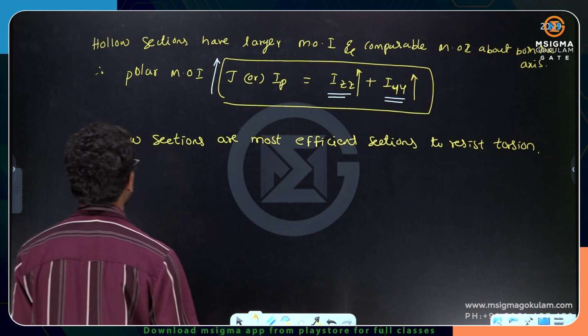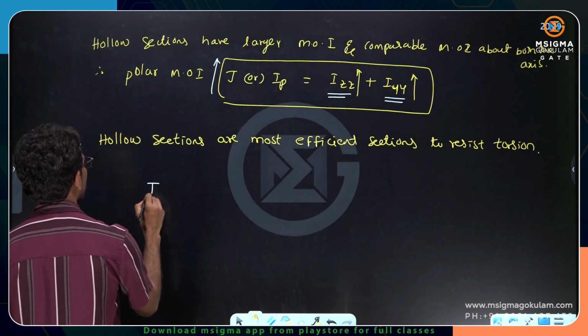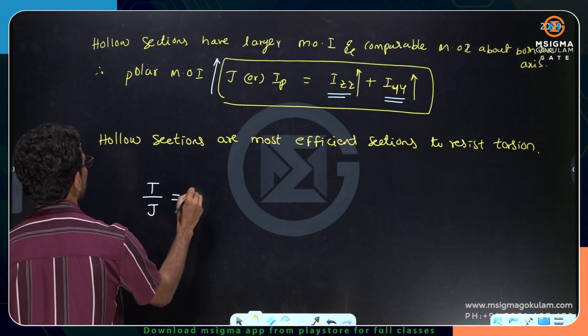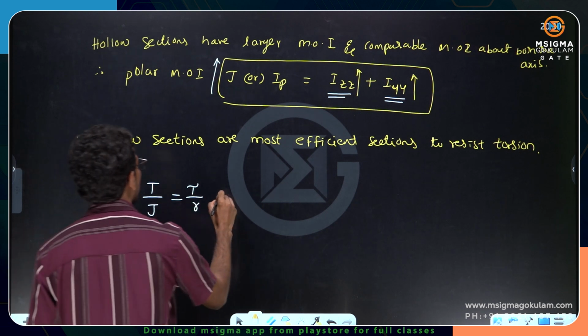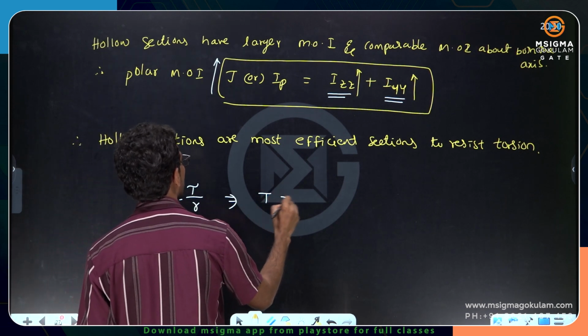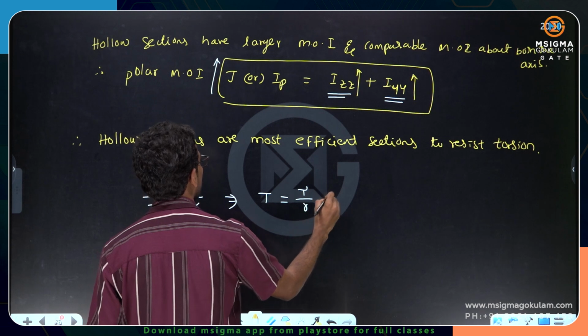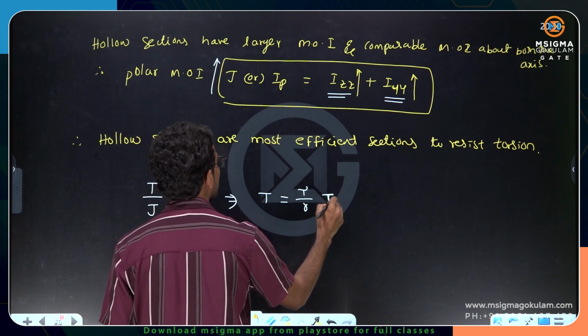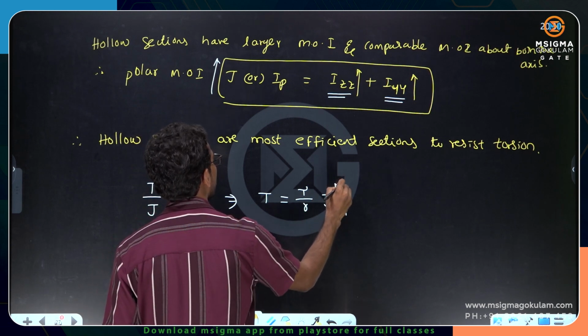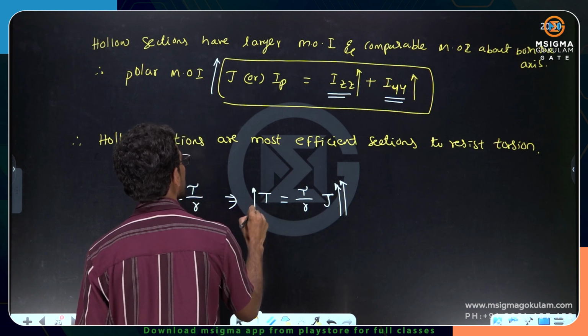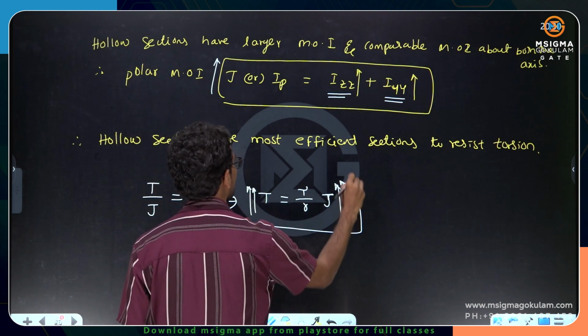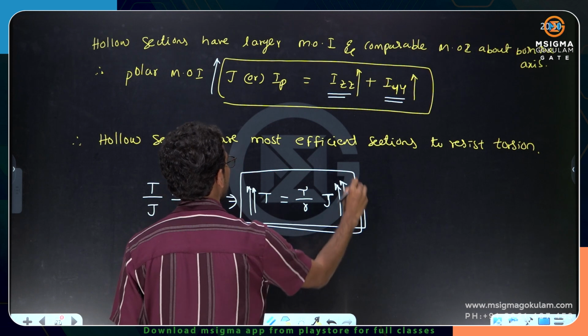If polar moment of inertia is more, you take the torsion equation T by J is equal to tau by R. From this we can say the torsion capacity is equal to tau by R into J. Because hollow sections have more polar moment of inertia, they can resist more torsion. Is it clear to everyone?